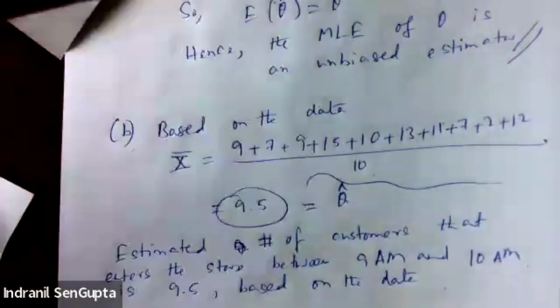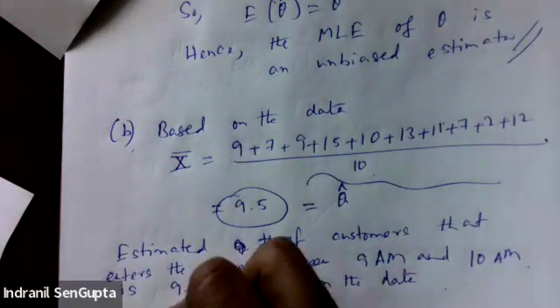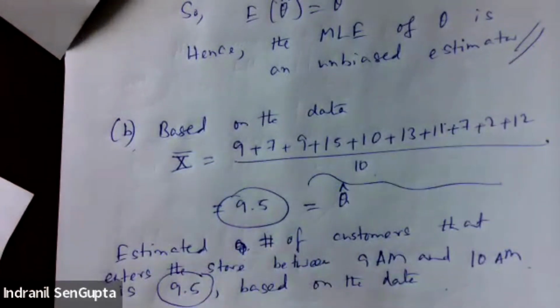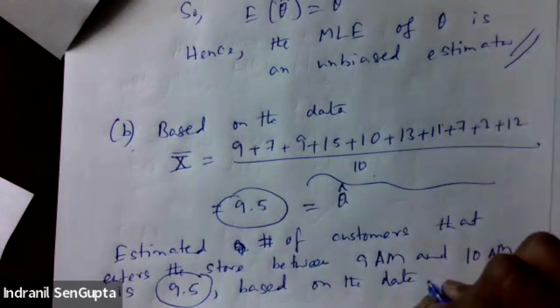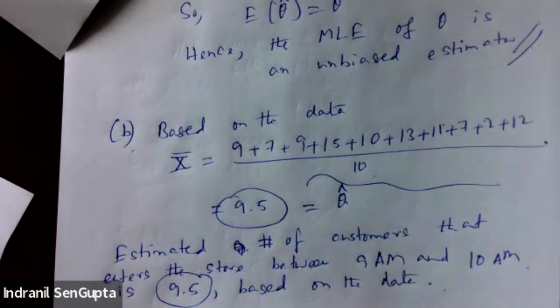So approximately 10 customers, since there cannot be 9.5 customers. Approximately 10 customers are entering the store between 9 a.m. and 10 a.m. on a given day.